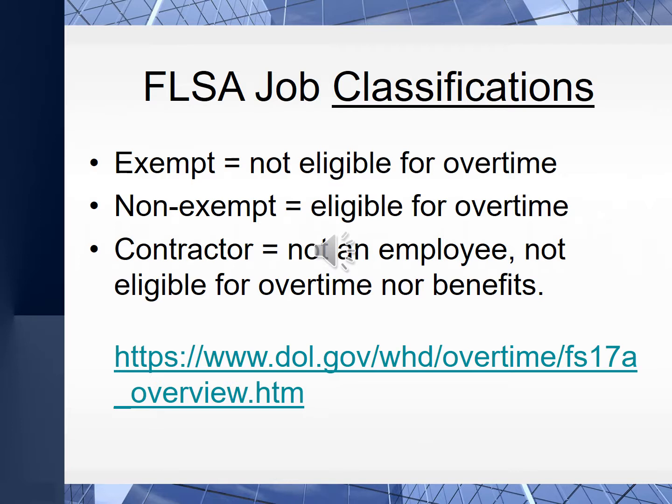They may be qualified under the following categories: executive, administrative, professional, outside sales, computer employee, or highly compensated employee. For more details on these classifications, visit www.dol.gov and search for the FLSA job classifications, or use the link shown here.